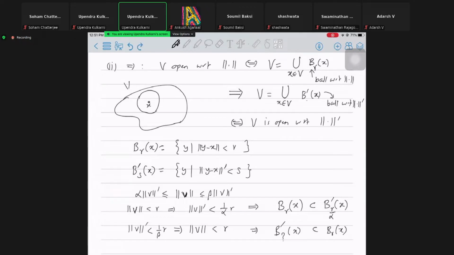Okay. So the question mark over here should be replaced by B prime 1 by beta R X. So that is what should go up here. R divided by beta.